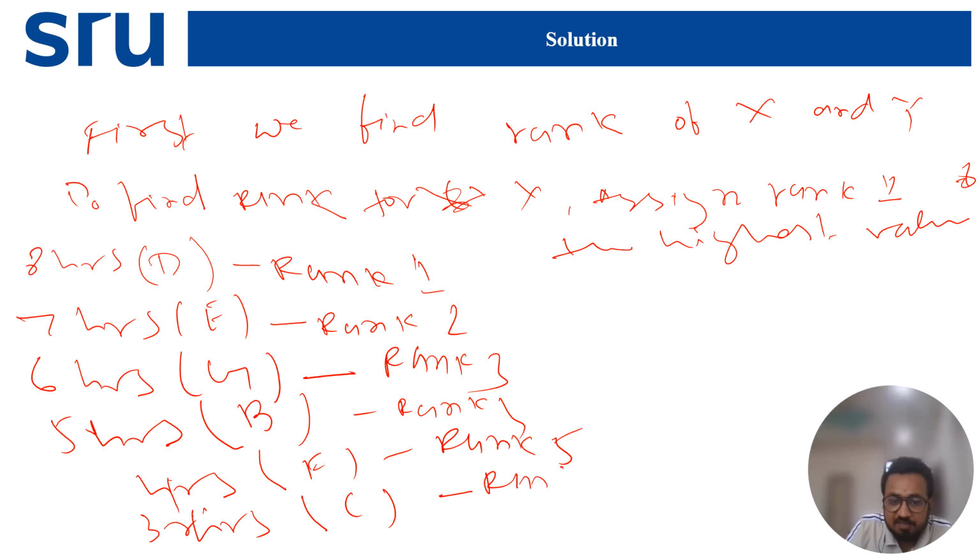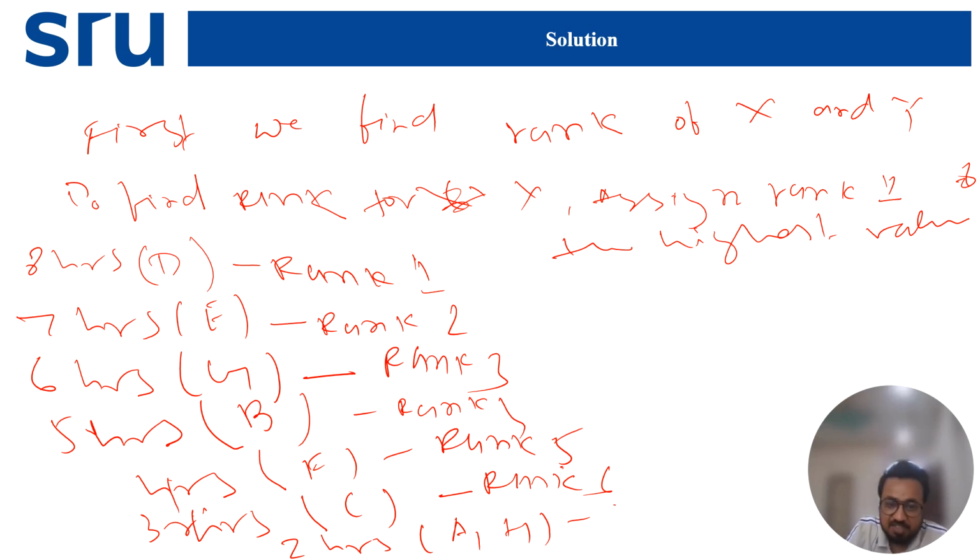But we can see that there are two students who practice 2 hours, A and H. In this situation, ranks 7 and 8 will be a tie, so we will take the average rank of 7 and 8.